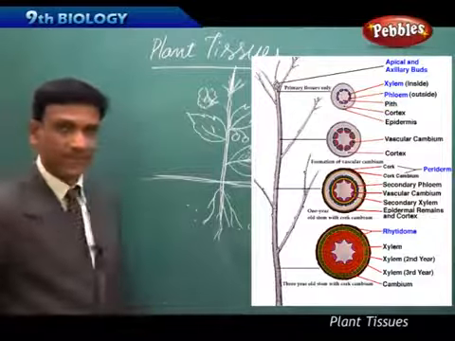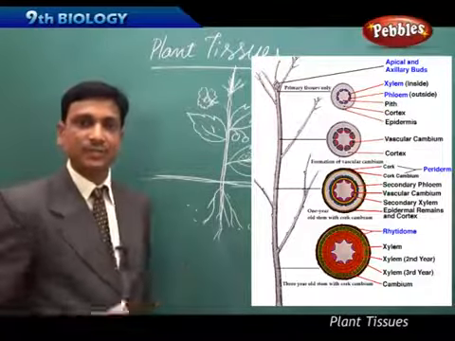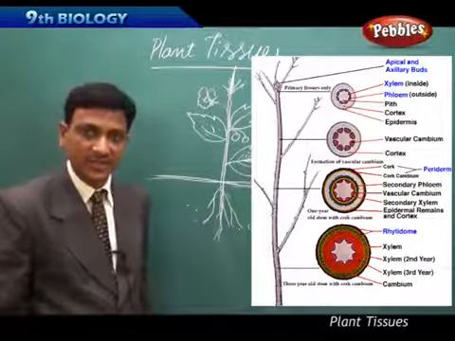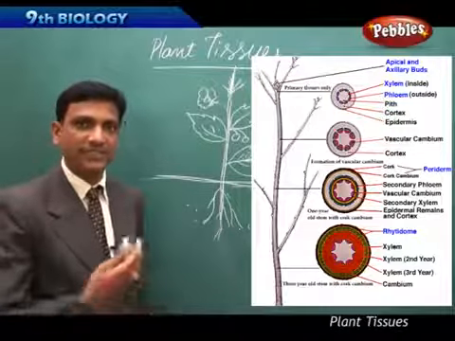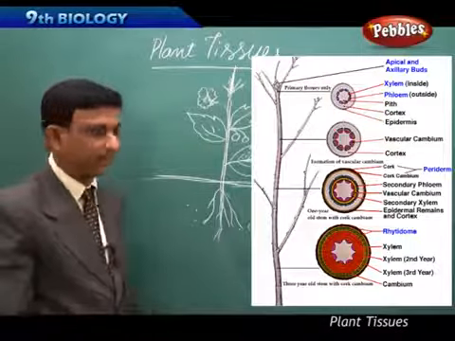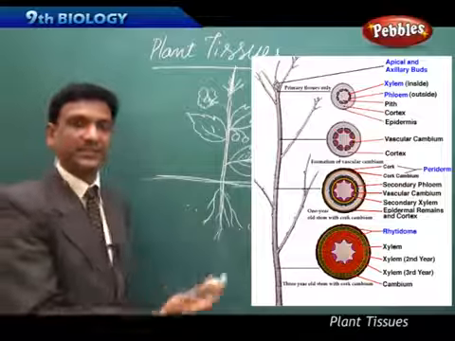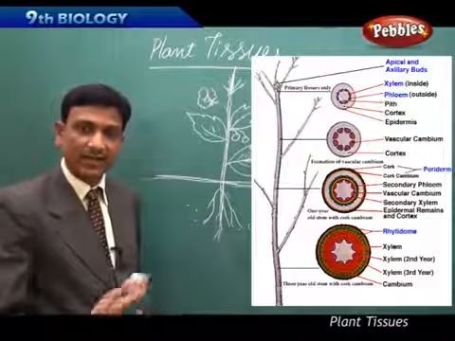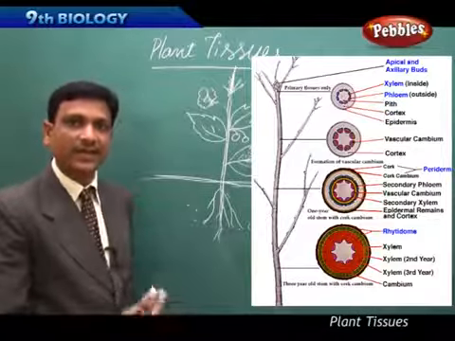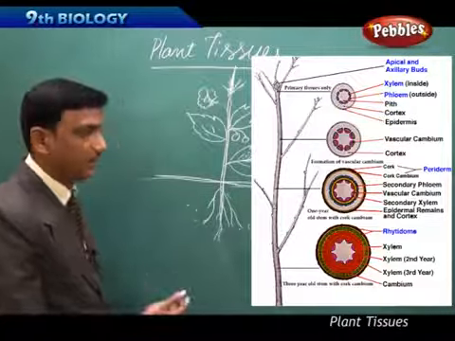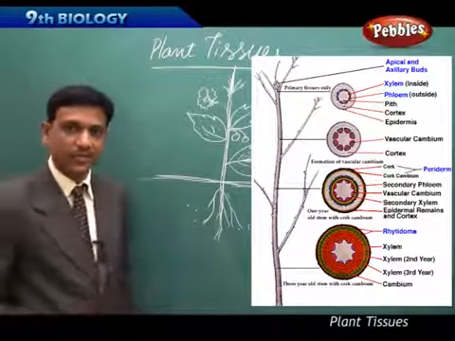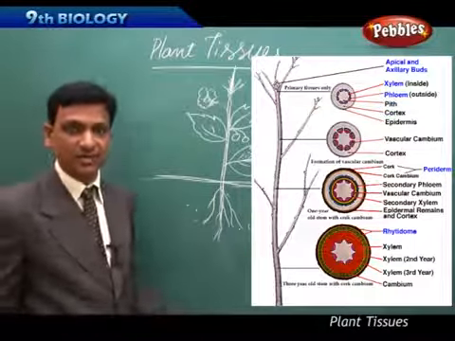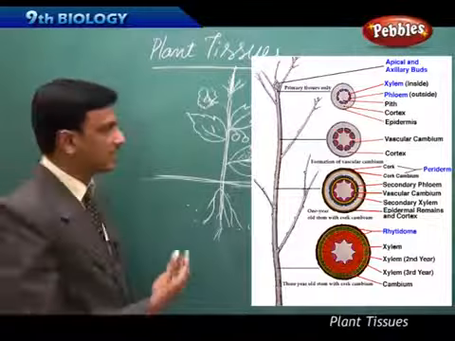See the leaf. The tissue present in the leaf has to perform the function of photosynthesis and the function of exchange of gases. So for that purpose it is designed. The cells are arranged in such a manner, and the tissues contain the specific required components, required minerals or pigments. That is the reason why there is a variation of tissues in plants.